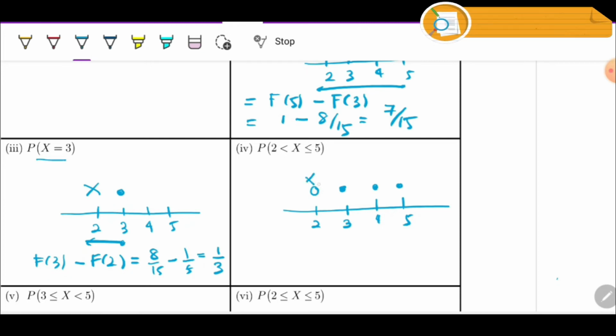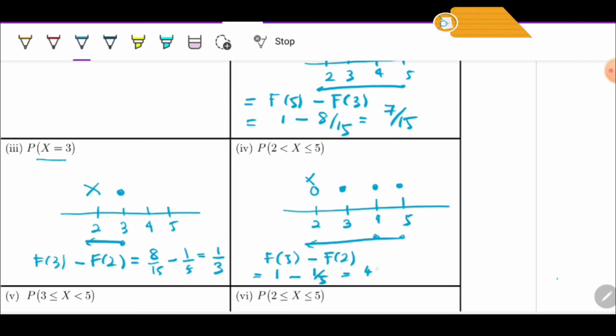So we don't want x less than or equal to 2. So start from F5 minus x less than or equal to 2, which is F2. So F5 is 1 and F2 is 1 over 5. So we get 4 over 5.